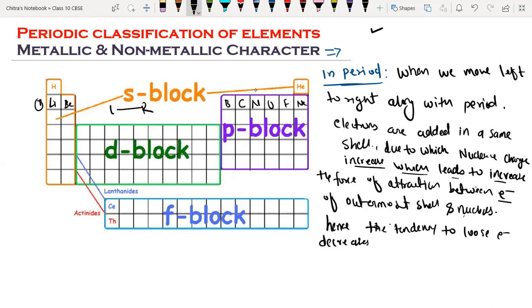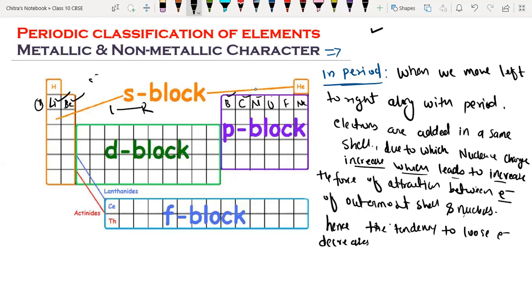That's why here lithium can lose an electron, beryllium can also lose, but boron, carbon, nitrogen will have very little tendency to lose electrons, so they attract or gain electrons. That means the electron loss tendency decreases on this side and the gain tendency increases.